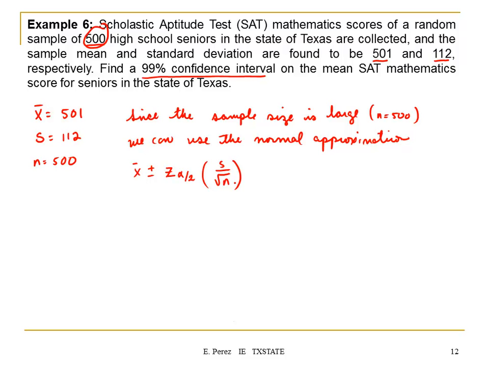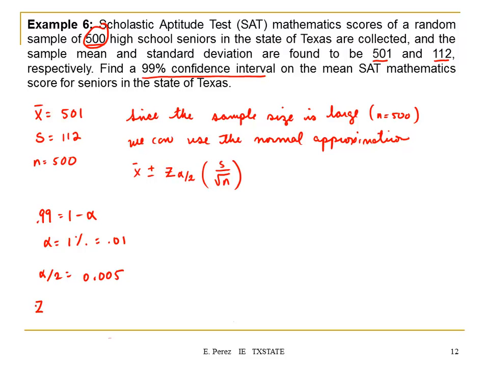Okay, so this is one of those cases in which we are no longer using 95%, we are using 99%. So we need to find the value of alpha. So 99% equals 1 minus alpha. Alpha equals 1%, which is equal to 0.01. So alpha half equals 0.005.